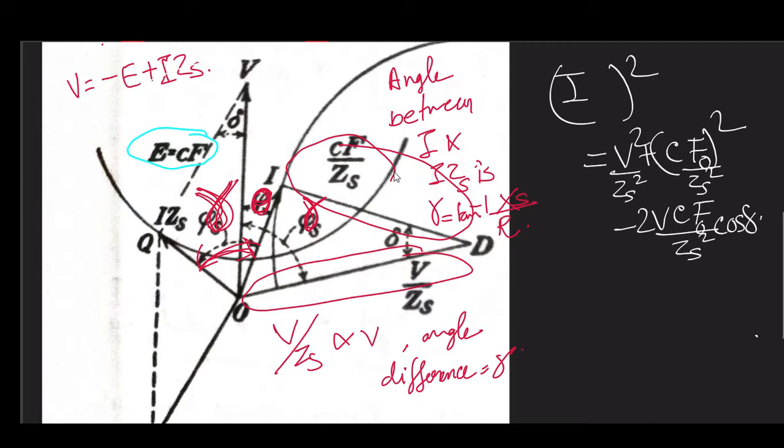So if delta is 0, obviously the power will become 0. As you have not considered other losses, your I should also become 0. Right? Now this will give you this kind of diagram.